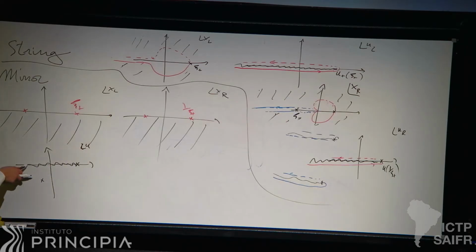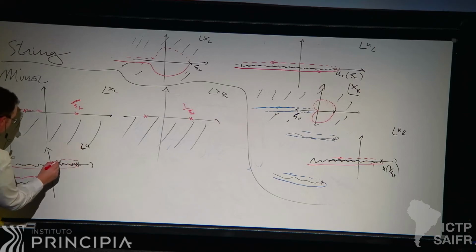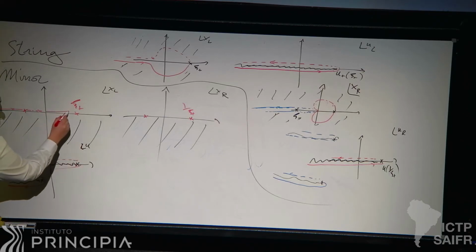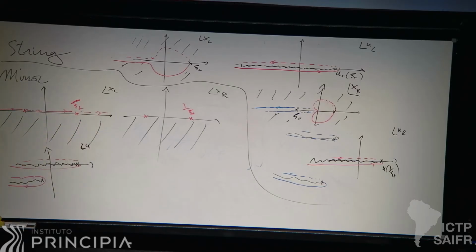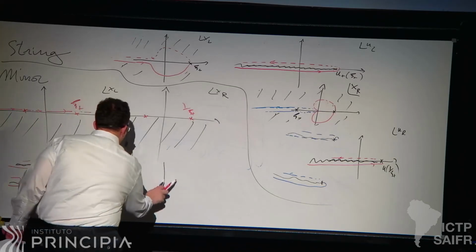You take your cuts like this. And one of these contours would look something like this. And the other would look something like this. Just parallel to the axis, and the situation is more nice and symmetric.